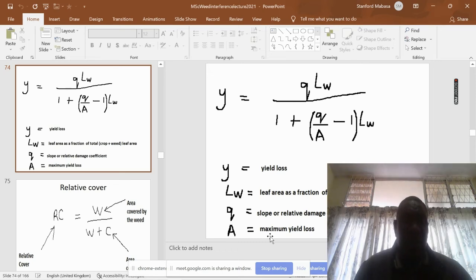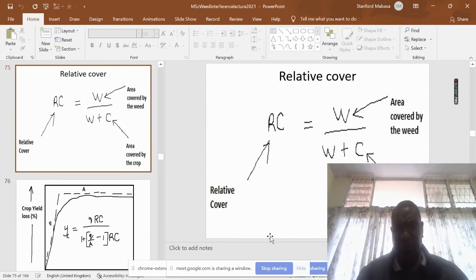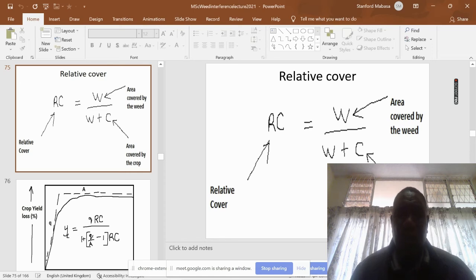Then they said we can even simplify it further. Probably measuring leaf area may also become cumbersome. Probably what we just need to do is to estimate what is known as the relative cover. Now, relative cover is the area covered by the weed divided by the area covered by the weed plus the area covered by the crop.